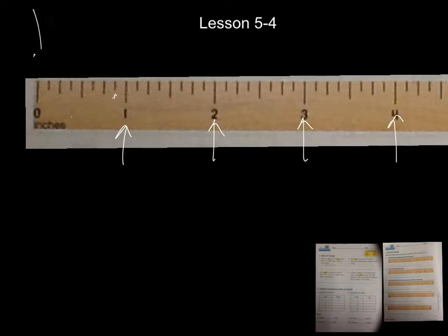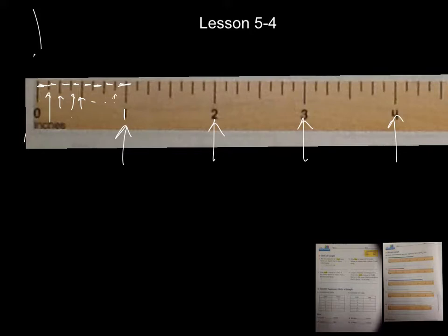Okay, there are 8 chunks. Here's this chunk, 1, 2, 3, 4, 5, 6, 7, 8 equal chunks from the 0 to the 1. At the end of each chunk there's a line, and when you get to the next whole, there's technically a line because there has to be. That chunk is meeting that whole.